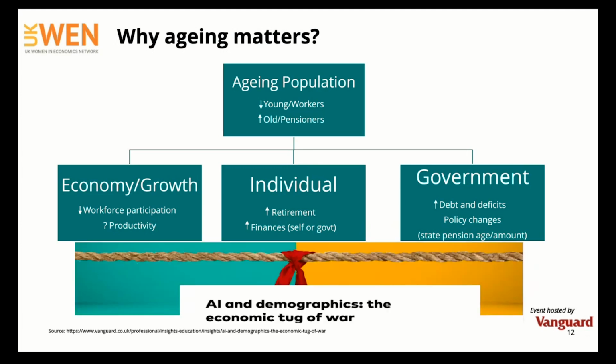I do however want to mention one thing. Although Tara did say one thing we do know is demographics, and demographics does have a negative impact on some of these channels, there is actually another side to the story. Demographics is just one side, and that is technology and AI. And we've been seeing some of that in recent days with conversations about DeepSeek.